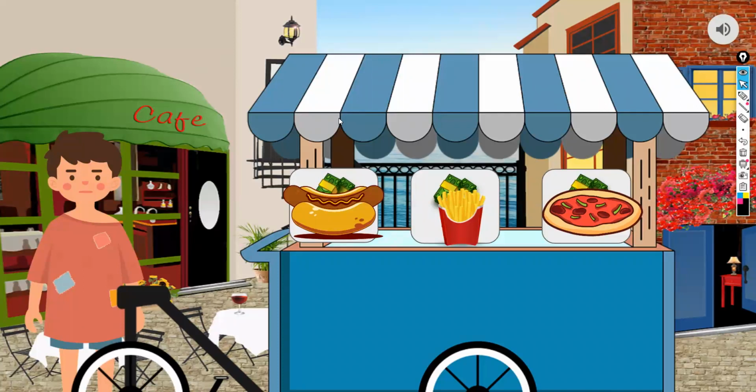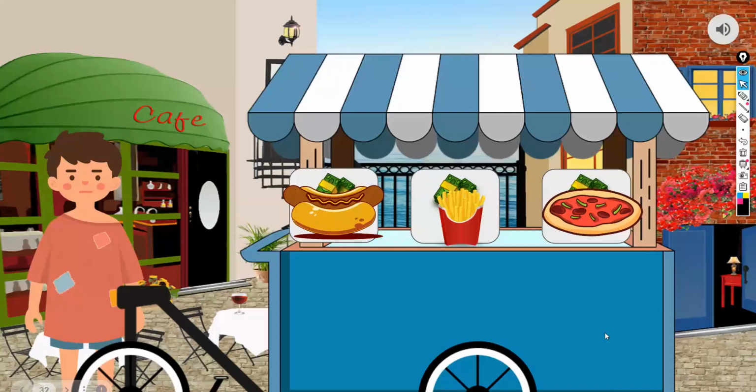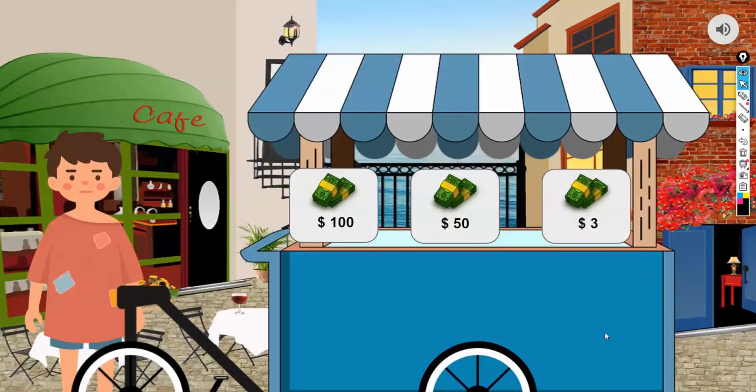Oh, okay, good. We have a nice little cut scene here for a little relaxation. So it's business as usual, guys. What are you going to sell today on this beautiful morning? Hot dogs, fries, or pizza? Which one do you think will make the most money? And the winner is hot dogs. The customers love hot dogs apparently by this corner here.